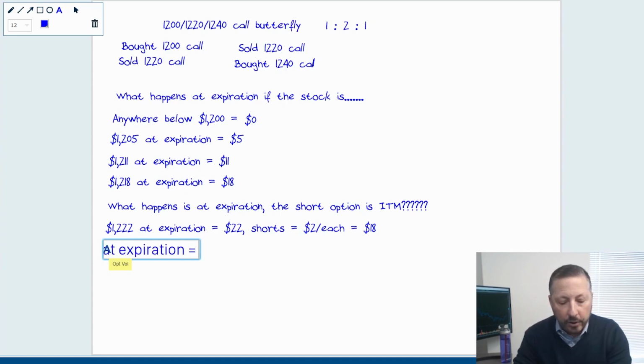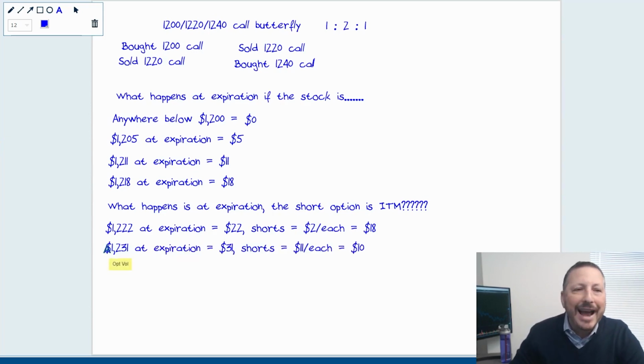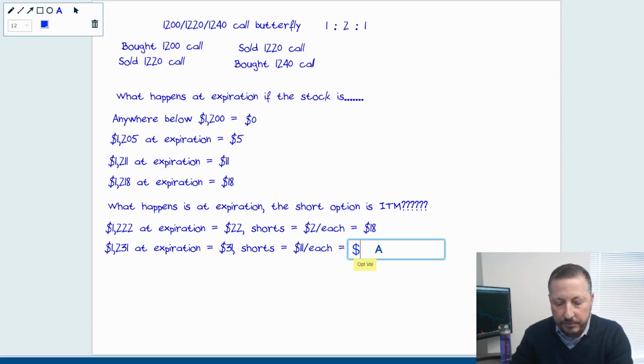Okay, at 12.31, the long option would be 31. The shorts would be 11 each. So that equals $9, not $10. That equals $9. 31 on the long, each short worth 11. 31 minus 22 is worth $9.